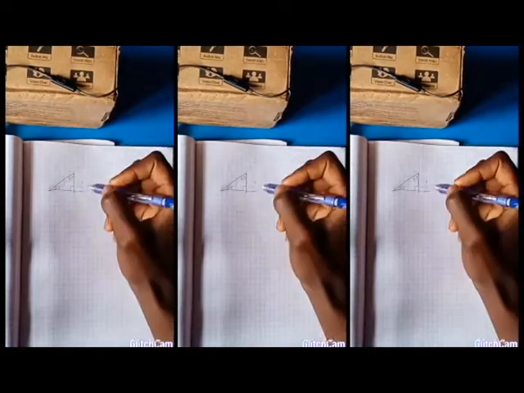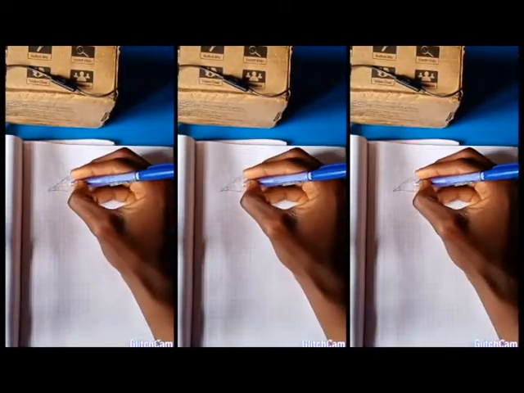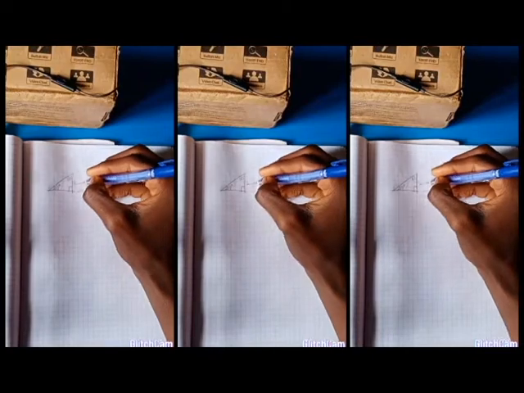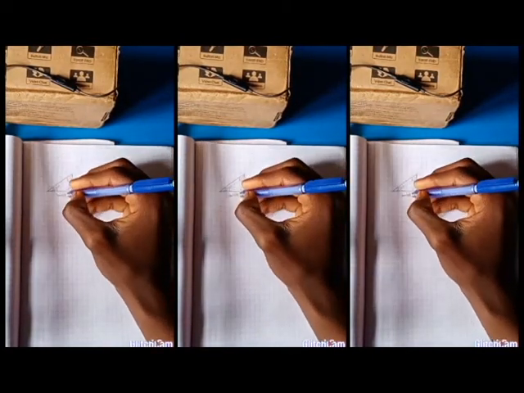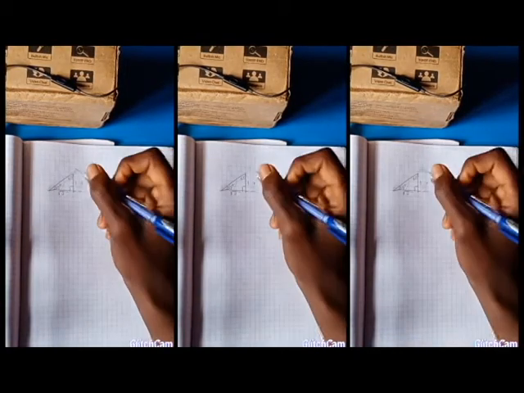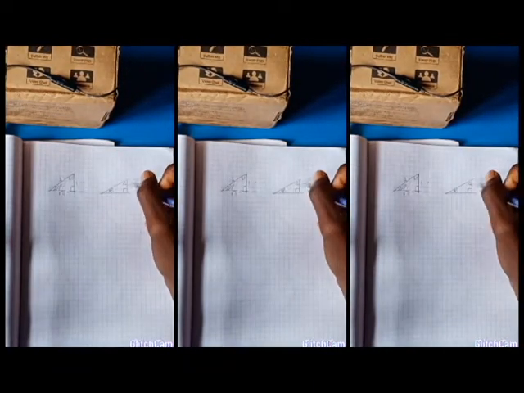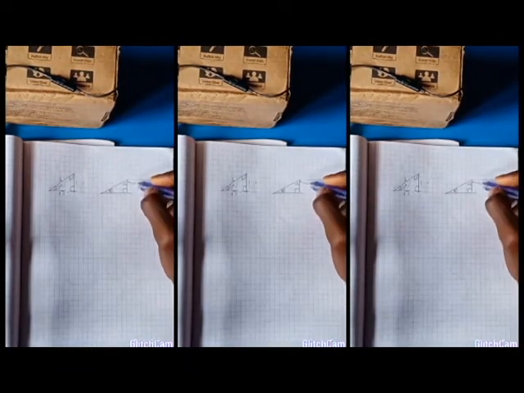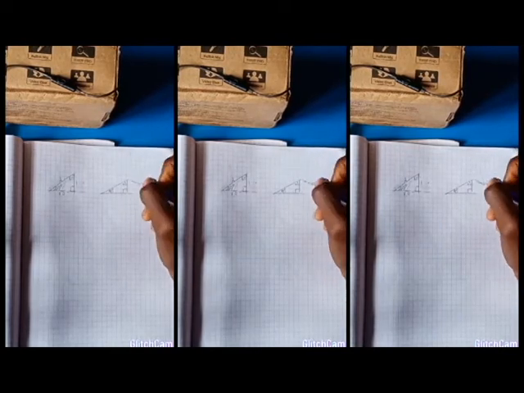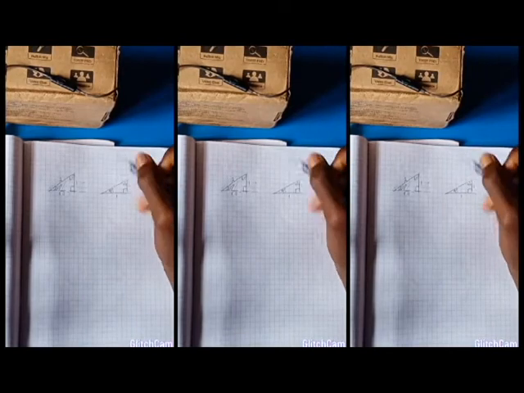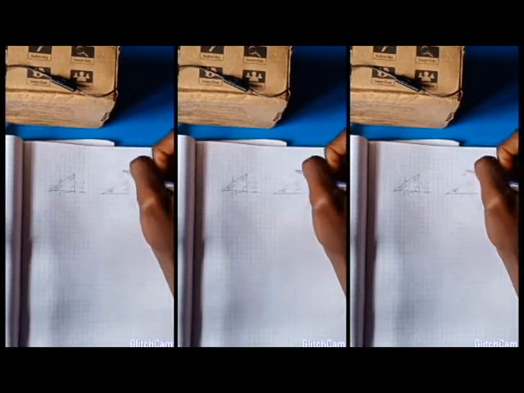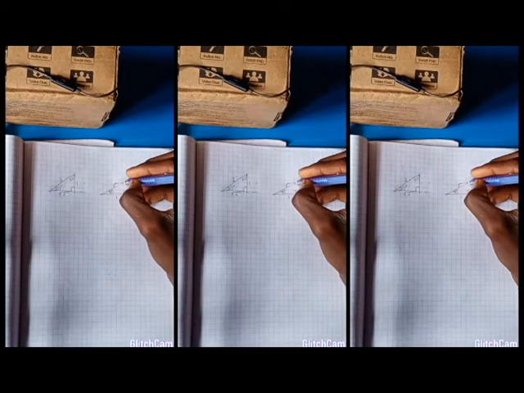For a fact, we know that across 30 degrees is 1, across 60 is the square root of 3, and across 90, which is the hypotenuse, is 2. For the 45, 45, across the 45s are 1, and across 90, or the hypotenuse, is the square root of 2.